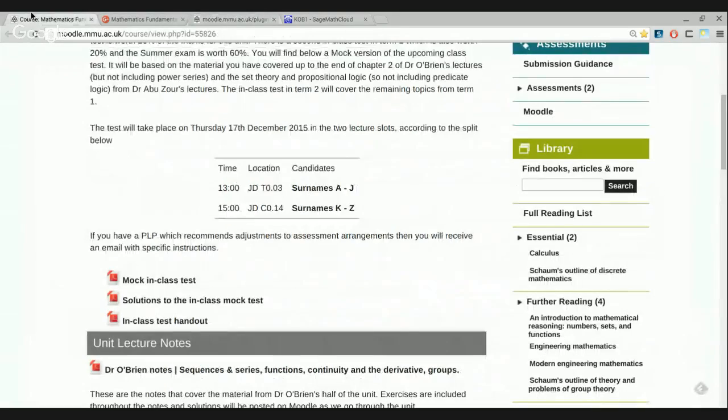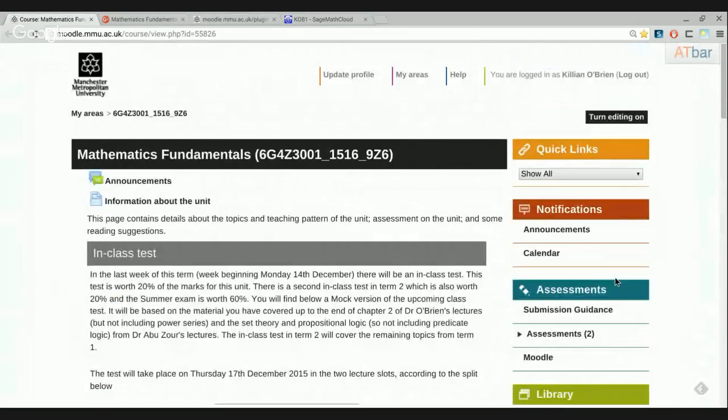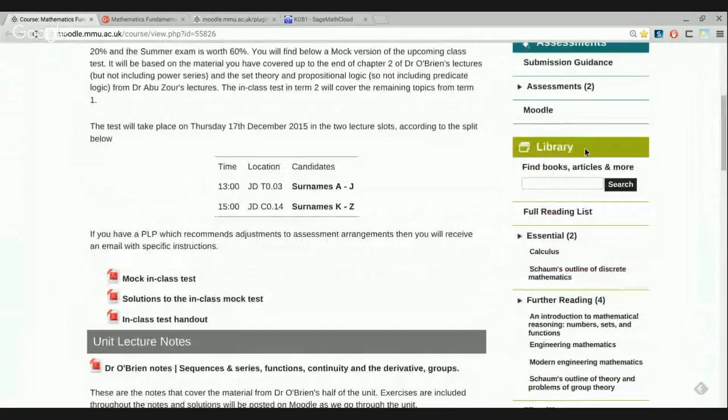If you look down the right-hand side of the unit's Moodle area, in the library block, under Essential and Further Reading, you've got Calculus, that's the Schaum's Outline of Calculus book, and Modern Engineering Mathematics, that's the Glyn James book. When you click through those links, you go through to the library website, and you can click through further to access the online PDF copies of those books. So they're very accessible to you.